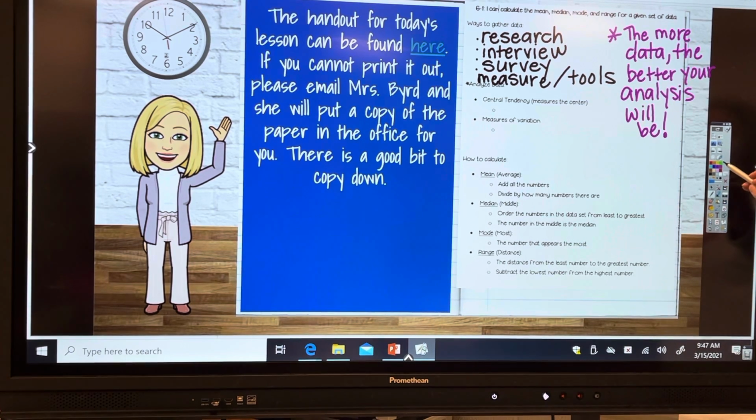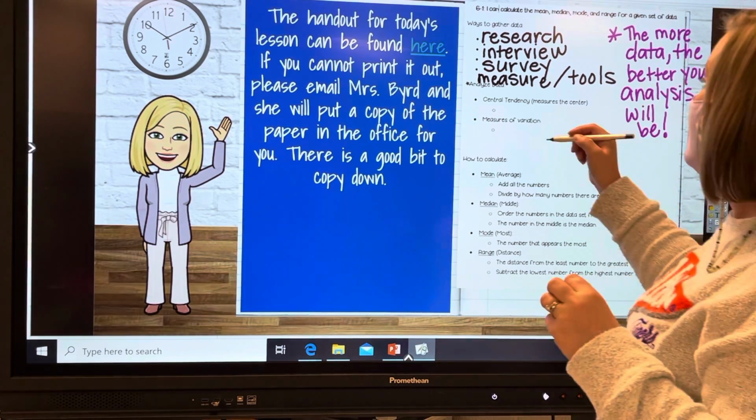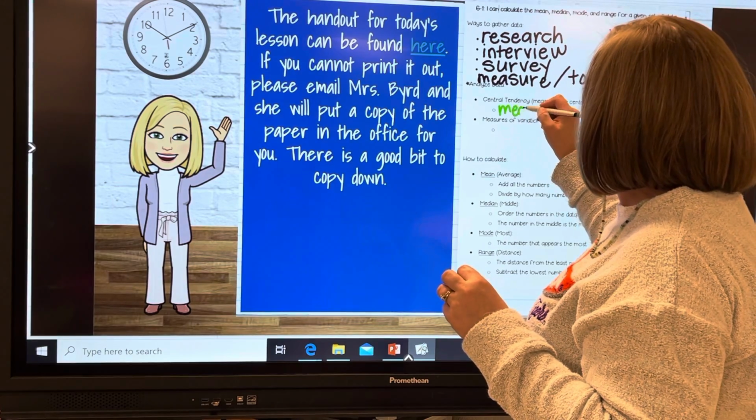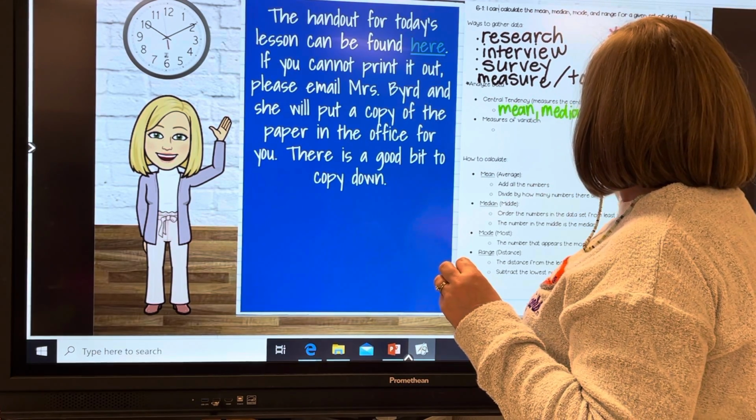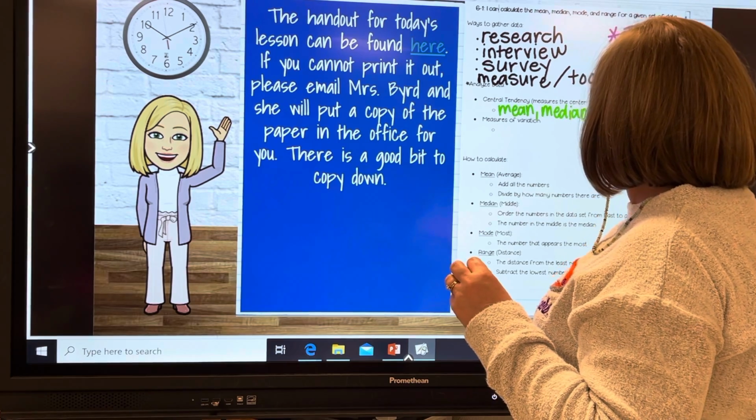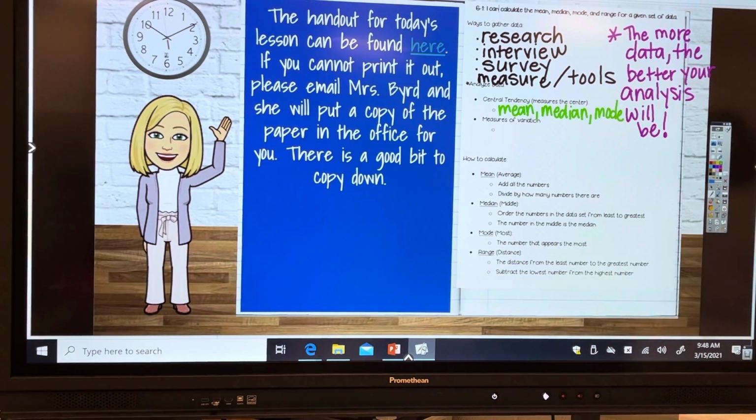Now, when we're measuring center, we want to know the middle of our data, the center of our data. Those are the M's: mean, median, and mode. Those are the centers.